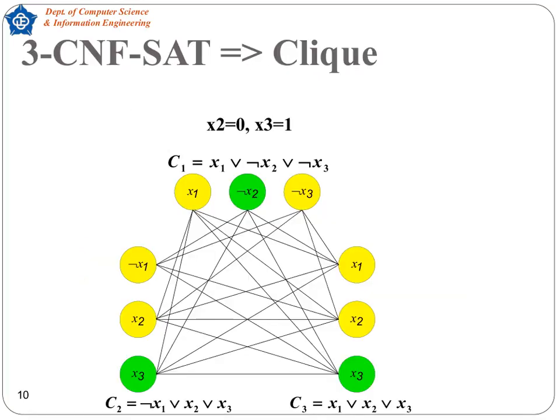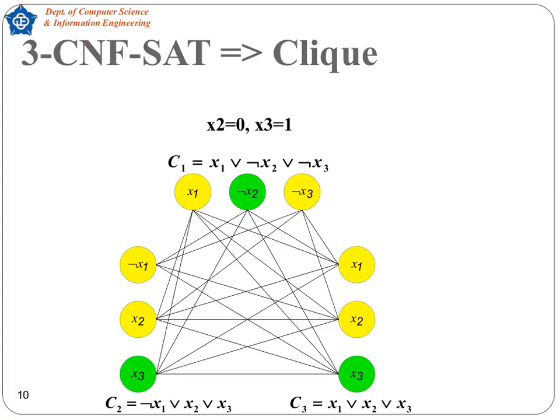Now, let's see how we build this graph from a 3-CNF formula. We transform each clause into a set of vertices, one vertex for each literal occurrence, and then connect vertices across different clauses whenever their literals are not contradictory. In our example, we have 3 clauses.